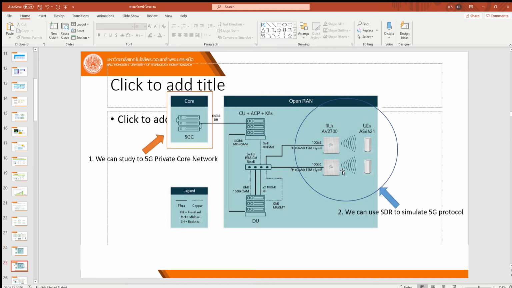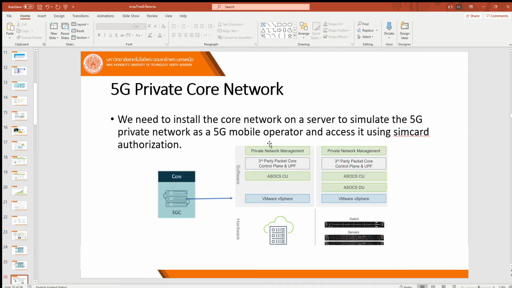So in this project or this talk, we're going to split into two possibilities to understand the 5G core network. One is that you need to understand the 5G private core network. Another one is that you can have SDR to simulate the 5G protocol to talk to the core network. For the 5G private core network, you have a core network inside the private network.